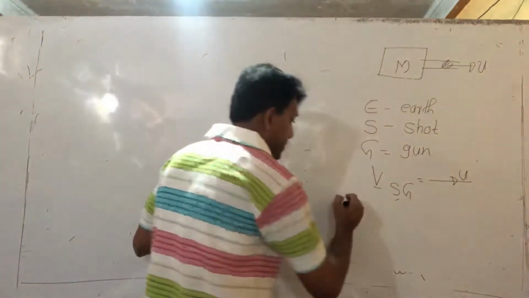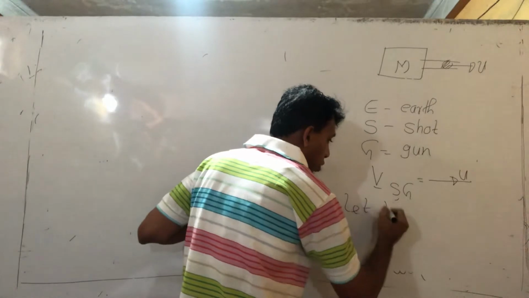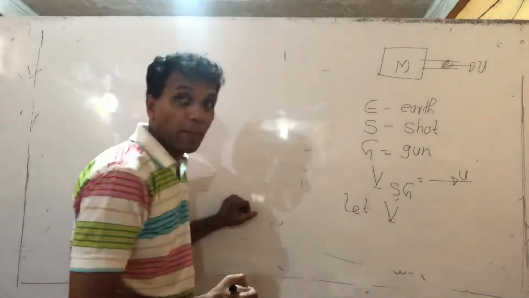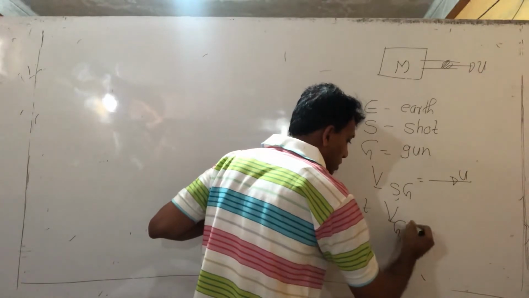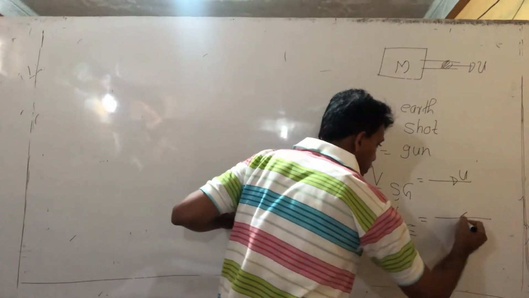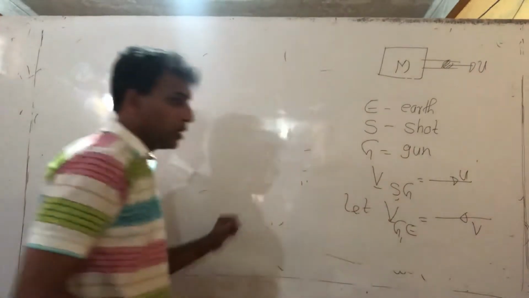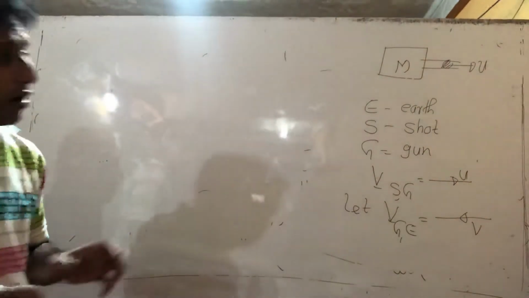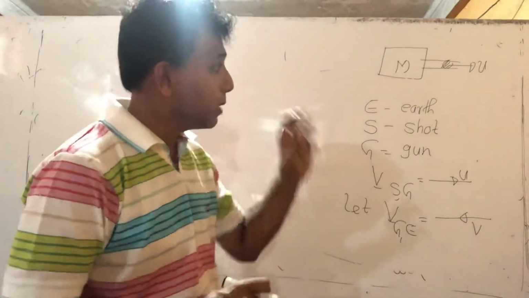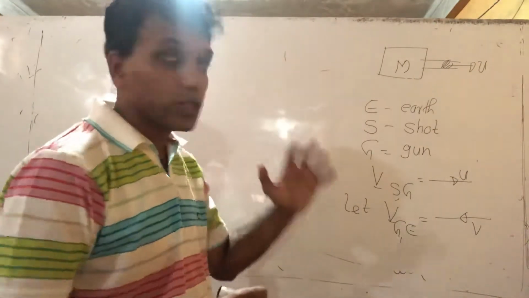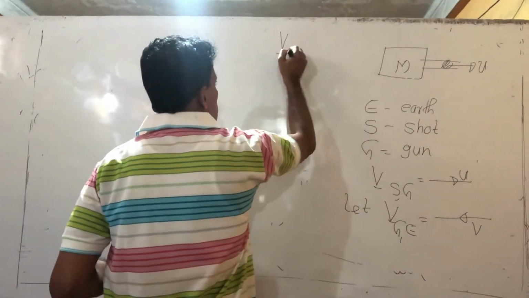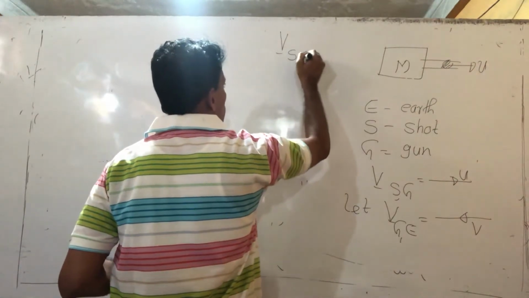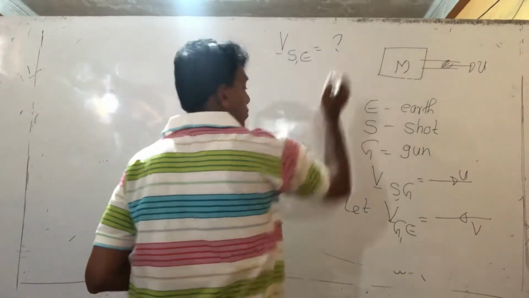So let the velocity of the gun relative to Earth be v in the opposite direction. Therefore I want to find the velocity of the bullet or shot relative to Earth, which is required for this type of question.